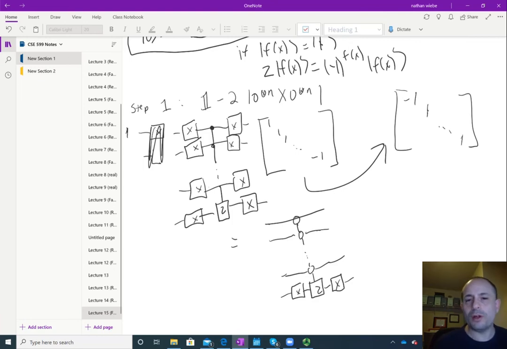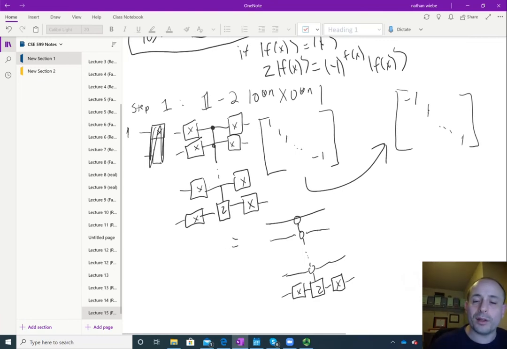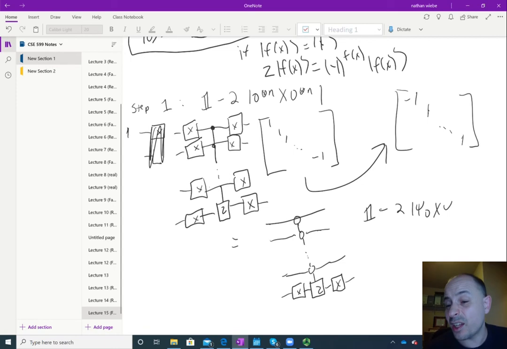Okay, cool. So now we've found this one particular reflection, but that's not what we want. We want to figure out how to do the reflection 1 minus 2 psi naught, psi naught. But recall that psi naught is equal to Hadamard tensor n acting on 0, because it's a uniform superposition over all the different values.